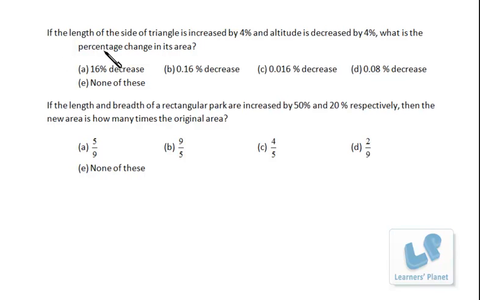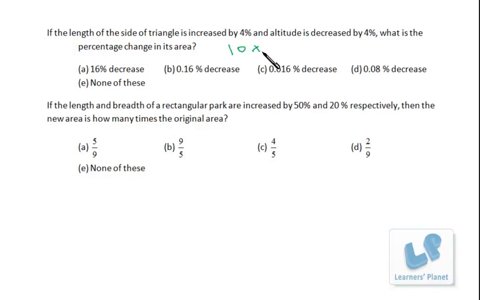Further, if the length of the side of a triangle is increased by 4% and altitude is decreased by 4%, what is the percentage change in the area? Now, what's area of a triangle? That is half base into altitude. Further, half will give no impact to the calculation.